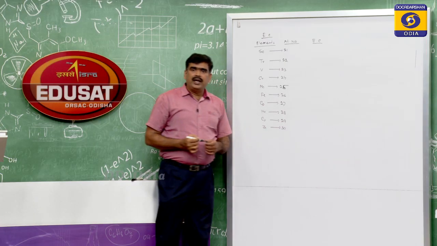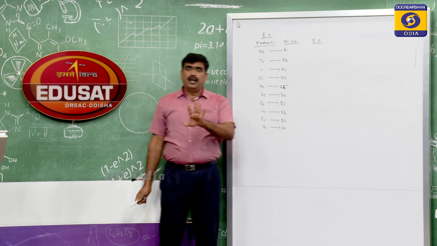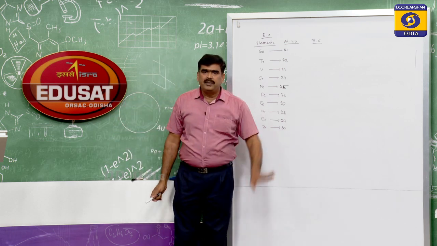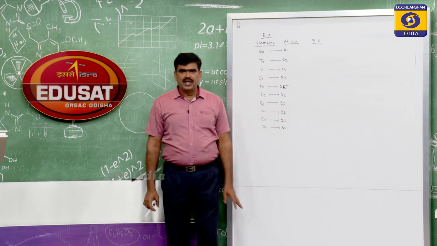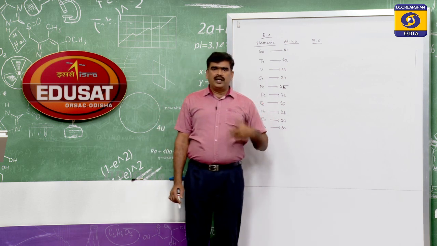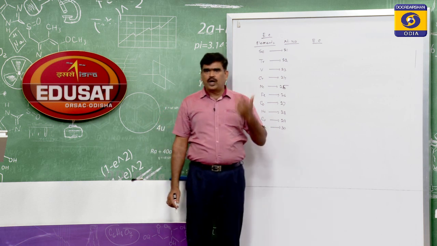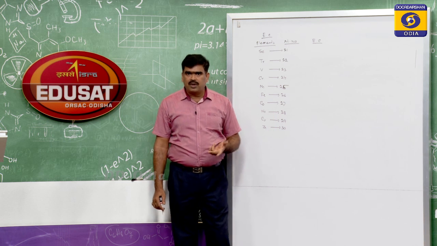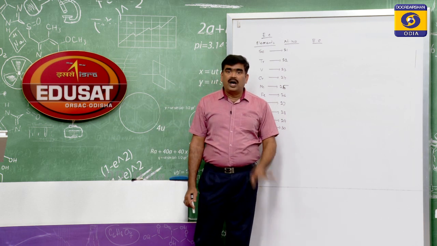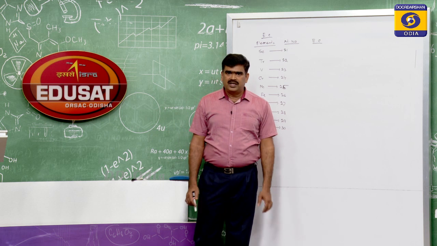You will be asked to write the electronic configuration of an element, but you will not be given the atomic number. How to remember the atomic number? Here is a trick. Suppose you are asked to write the electronic configuration of copper, but you are not given the atomic number. How will you remember the atomic number?